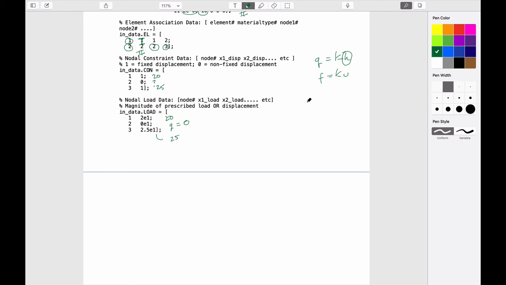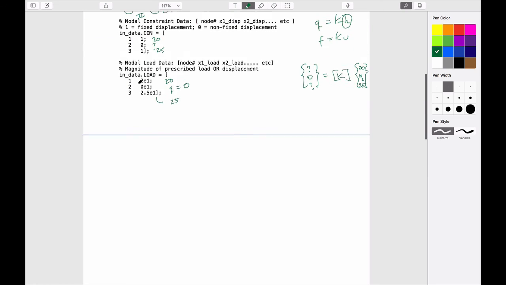So you remember that the K matrix that links these, uppercase K, was linked to don't know, 0, don't know, and 20, H2, 25. So this is representing the fact that we know these heads, we don't know this head, and so the value that ends up getting stuck in here is actually the flux, which we do know, and we index it with this. So that's basically the input.